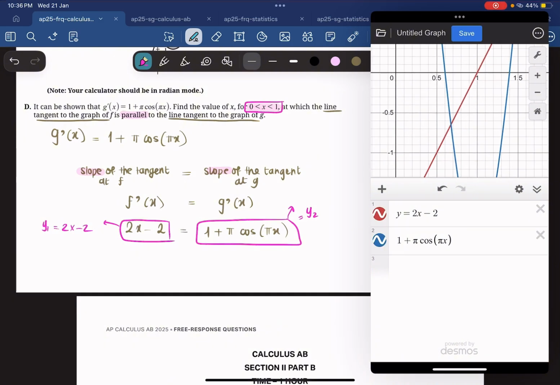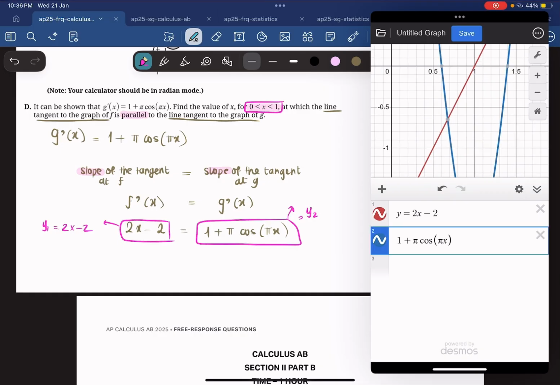Where is that point of intersection between 0 and 1? Here it is. Okay, so this is the point of intersection of the two graphs between 0 and 1. It is at x equals, so therefore x equals to 3 decimal places, 0.676. Okay, so 0.6758. We're gonna round it to 0.676, and that's our final answer for part D.